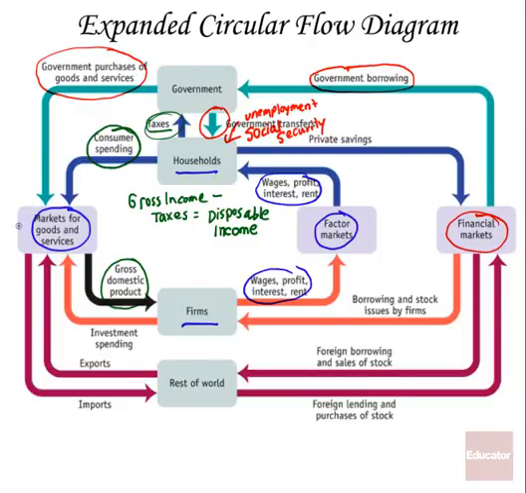Let's take a look at this side: markets for goods and services. Not only is there household consumer spending, firms are also going to invest some of their money, and that accounts for part of the gross domestic product as well. Not all consumer expenditures are going to be counted in GDP.